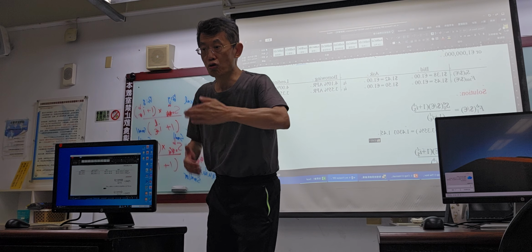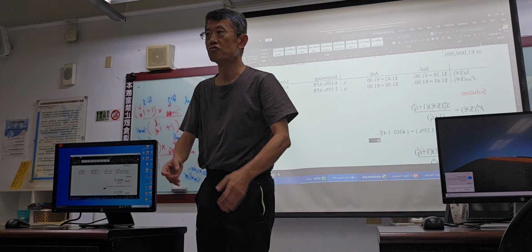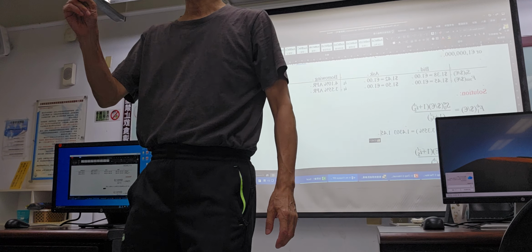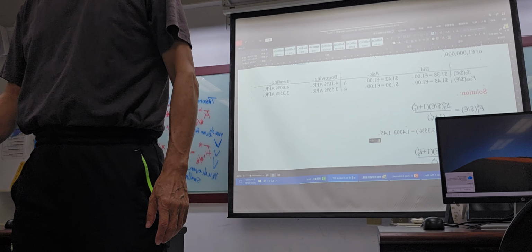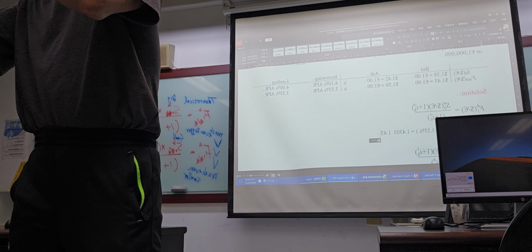The bank is willing to pay more money to you. So the bank is very, very generous. The bank is a good bank.